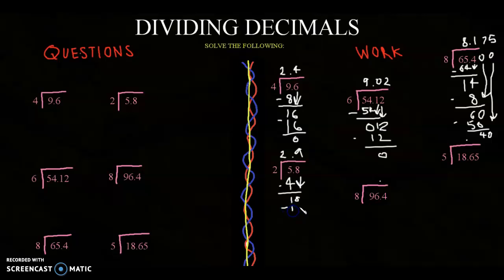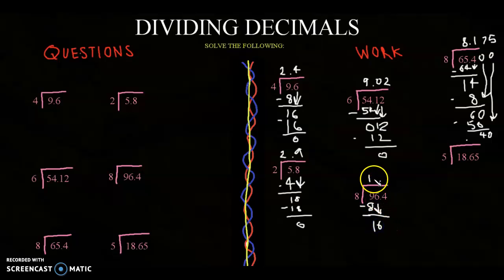Wait, oh dang it, I lost. This one does not have 2. Okay, 8 goes into 9 how many times? 1 time. 8 goes into 9 1 time. Oh, yeah. Okay, so we have a 1, and then we bring down the 6.